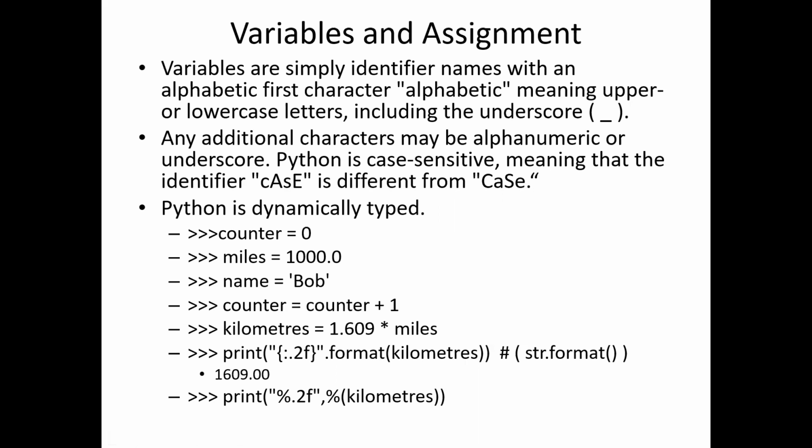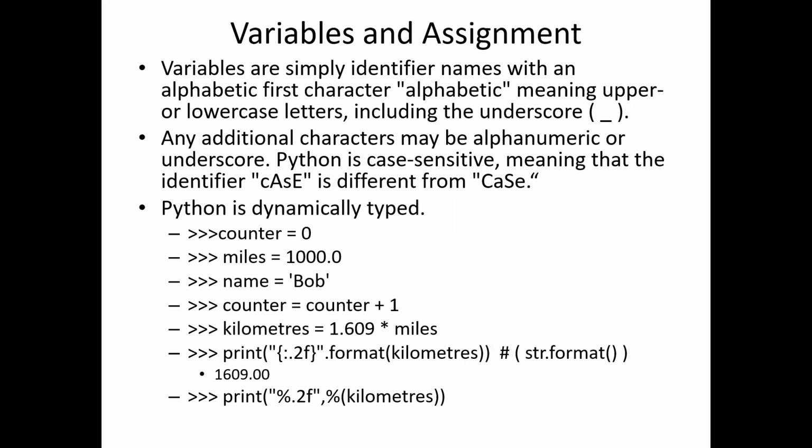Python is dynamically typed. In other languages, if you want to use any variable, that variable has to be declared prior to use. For example, if you want to use a variable called A, its data type should be declared. If you declare int A, then A becomes an integer variable.